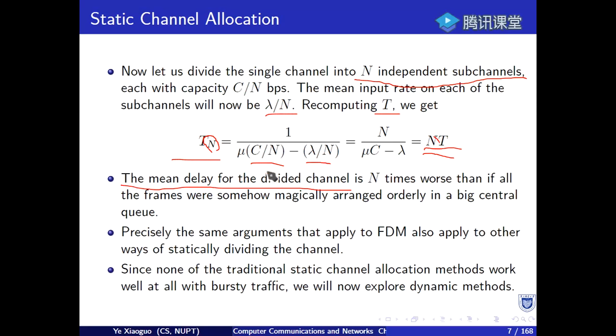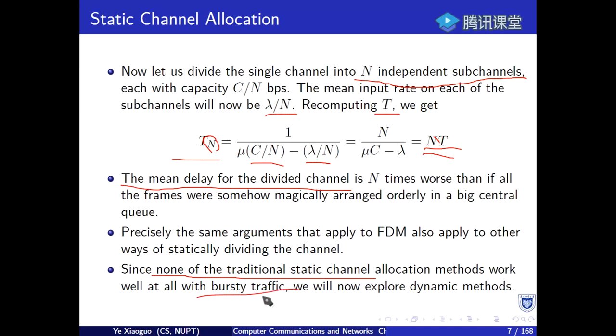So this result tells us that static division is not good, since none of the traditional static channel allocation methods works well. None of the traditional static channel methods works well at all with bursty traffic.